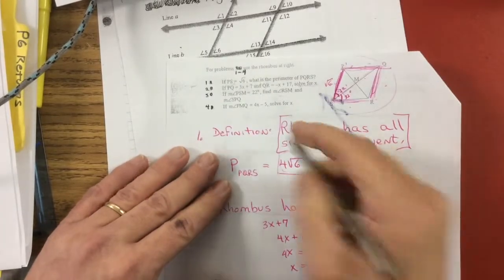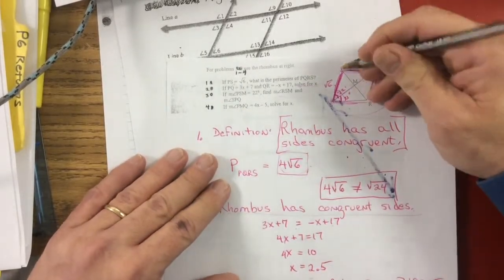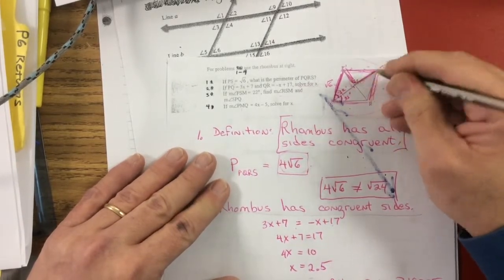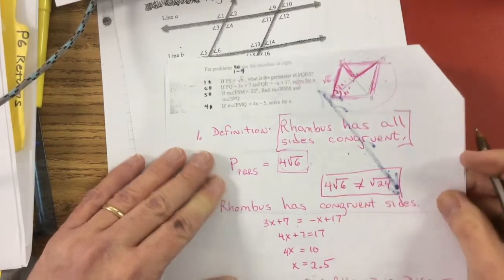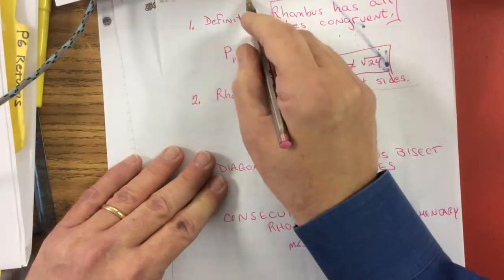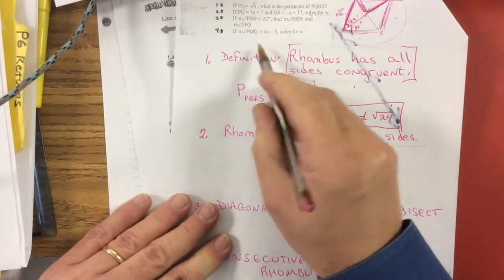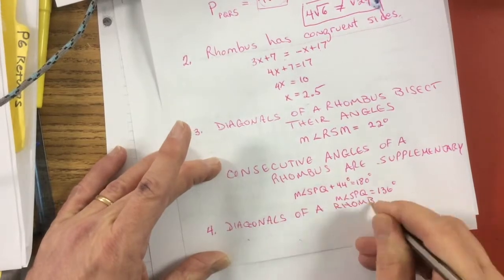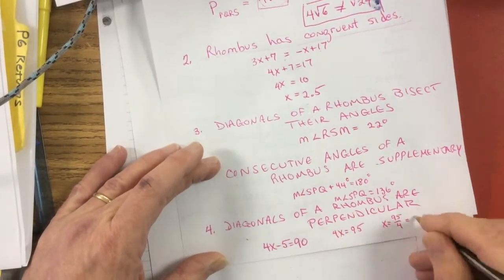And then finally, PMQ. That's right here, where the diagonals intersect. They say that that angle is equal to 4x minus 5. We also know the diagonals of a rhombus are perpendicular.